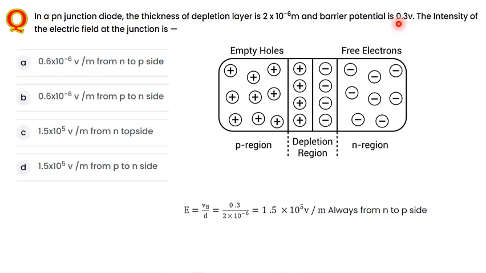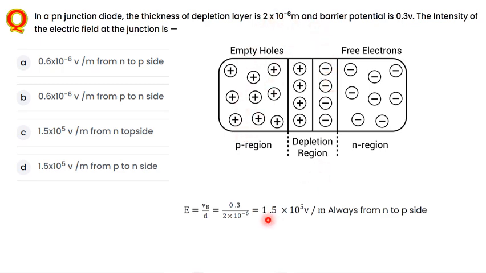See, we have only a 0.3 volt barrier potential, but the electric field in this case is very large. So here the electric field is maximum, while the depletion region is trying to prevent the further movement of electrons from the N region to the P region and holes from the P region to the N region.